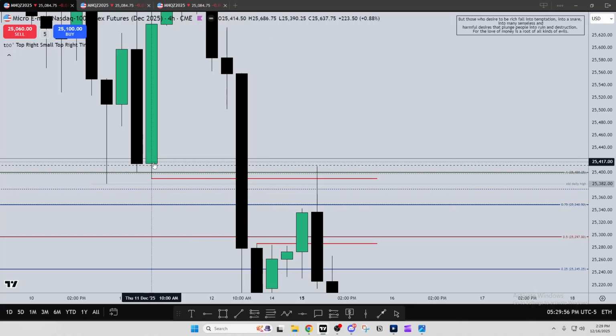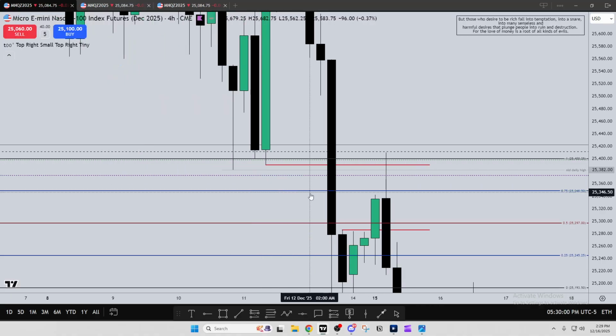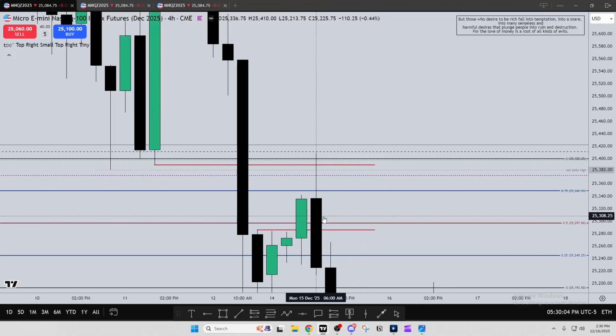I'm not expecting us to trade to the opening price, or all the way up here, because this is the executable, tradable fair value gap that offers actual fair value.